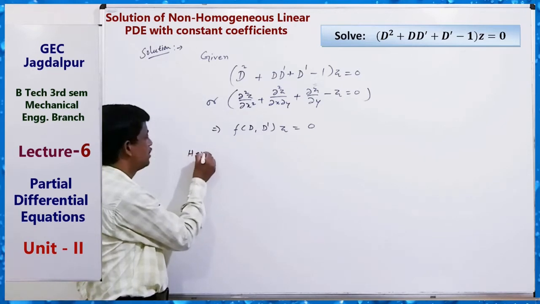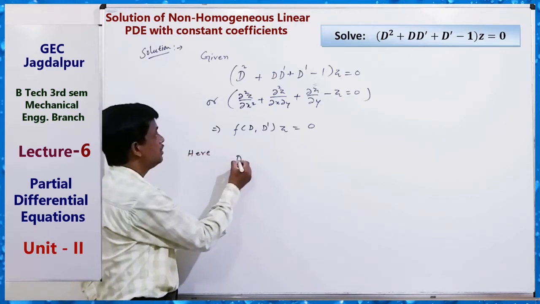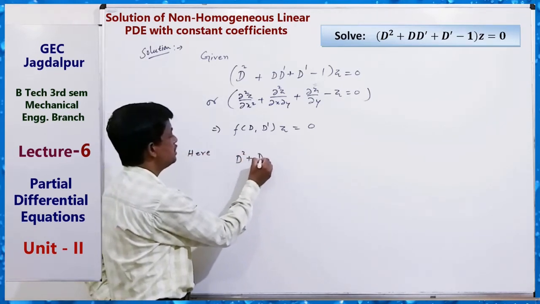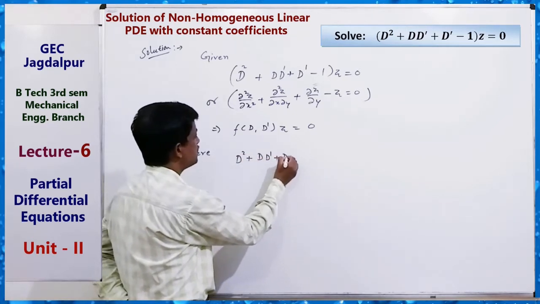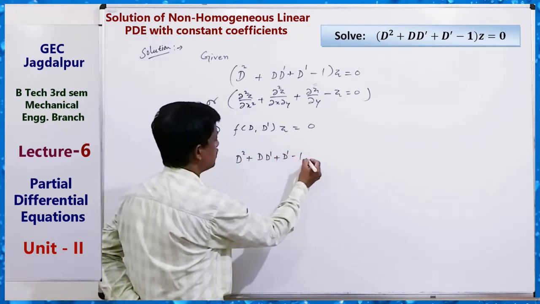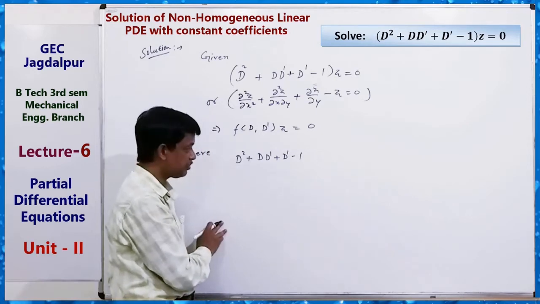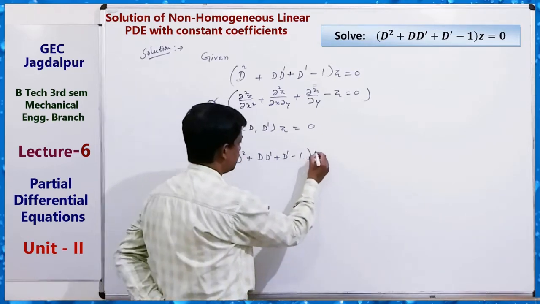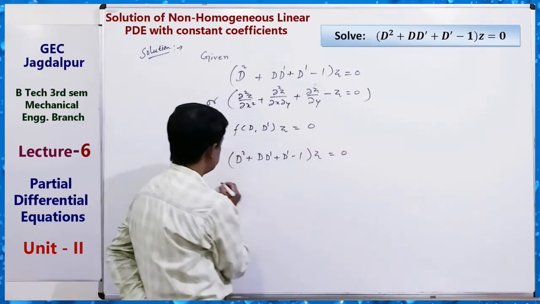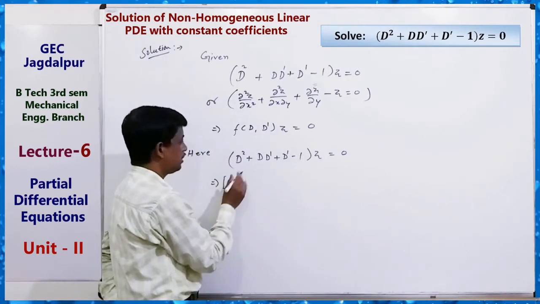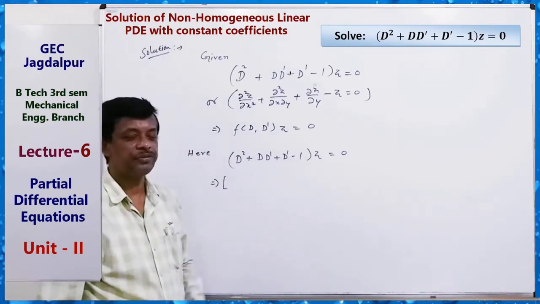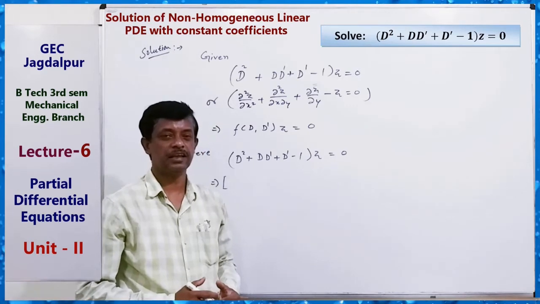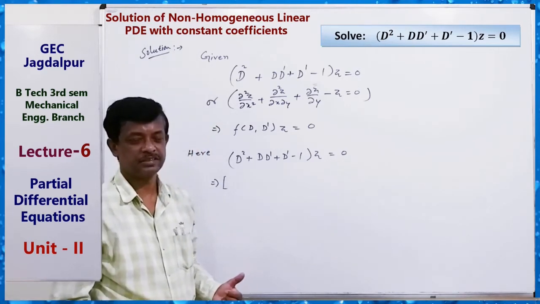Here D² + DD' + D' − 1, z = 0. We can factorize this. Try to factorize in linear factors.